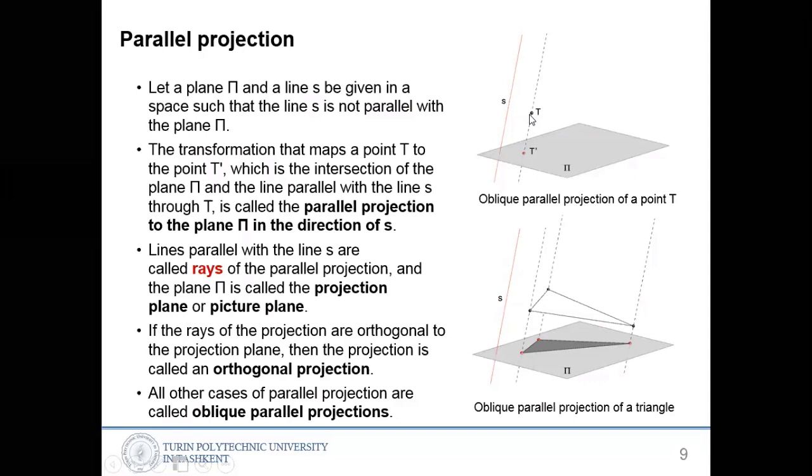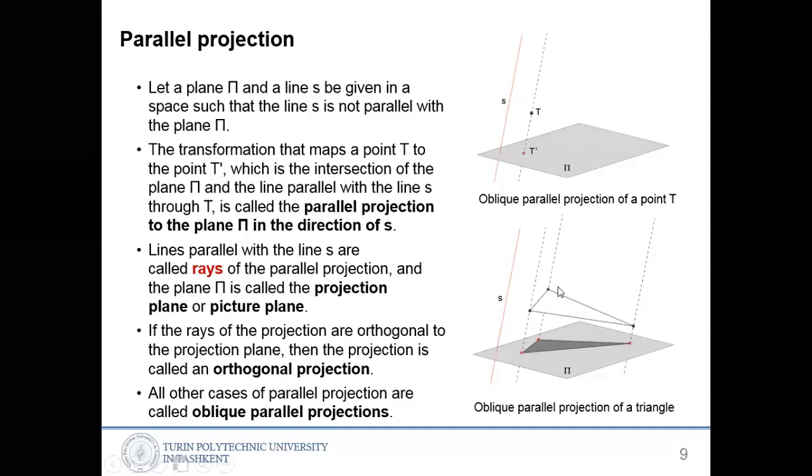For example, point T is given, and the ray S, the line S, is given, and we generate a parallel line to this ray. Then that ray intersects the plane P, and we can generate the point T dash. So point T dash is the parallel projection of the point T along the S ray direction.